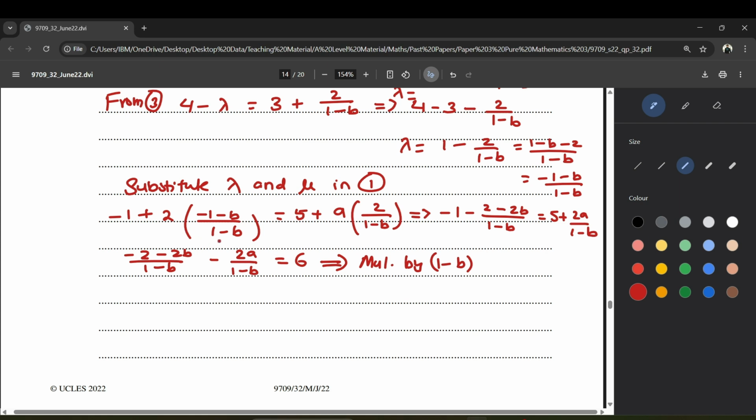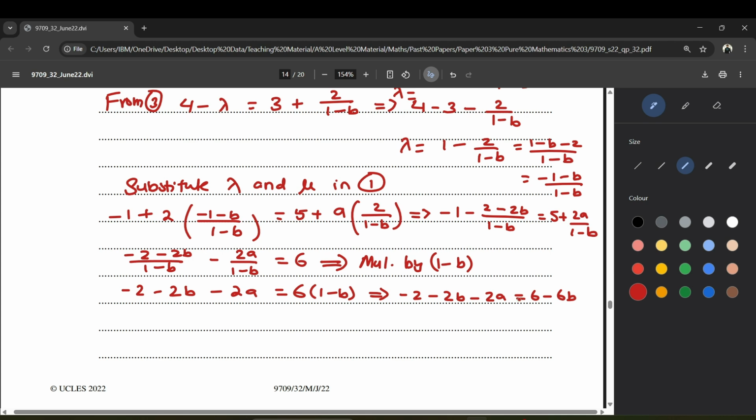When we do that, we'll get rid of 1 minus b from this part and from this part. So we'll be left with minus 2 minus 2b minus 2a equals 6 times 1 minus b. That will be minus 2 minus 2b minus 2a equals 6 minus 6b.